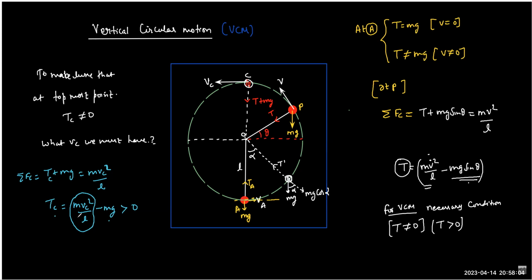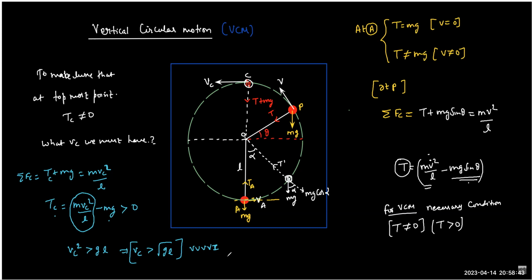If you do so, you can see something interesting. The VC square should be more than gL. So this implies VC must be more than root gL, which means only if VC is more than root gL can we think of complete circular motion.